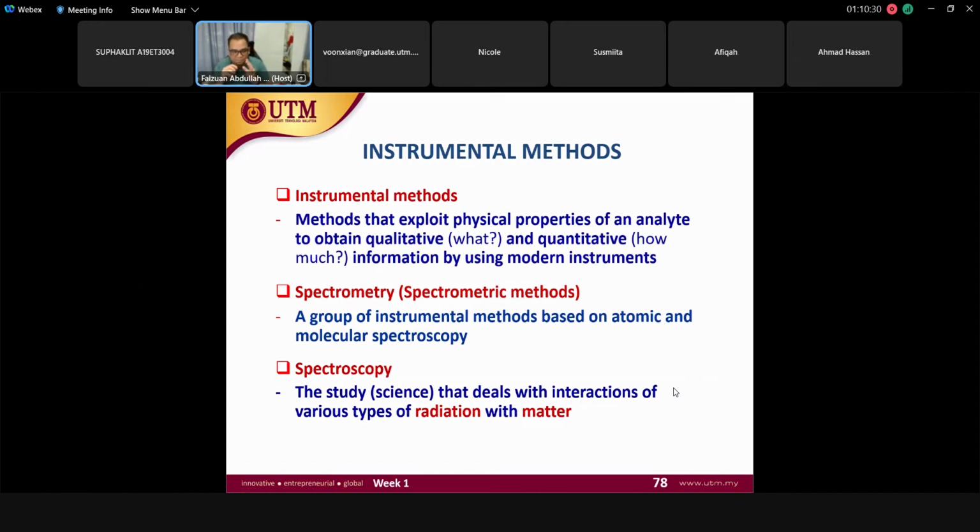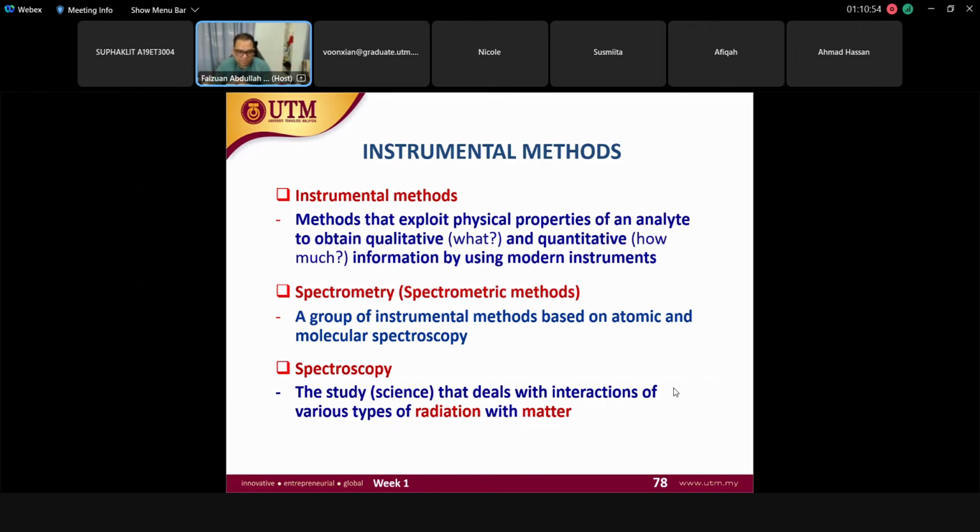So sometimes we want to measure how much is the molecule, instead of measuring how much is the atom. So that's why the instrumental method is based on atomic and molecular spectroscopy. Atomic spectroscopy will have different properties.